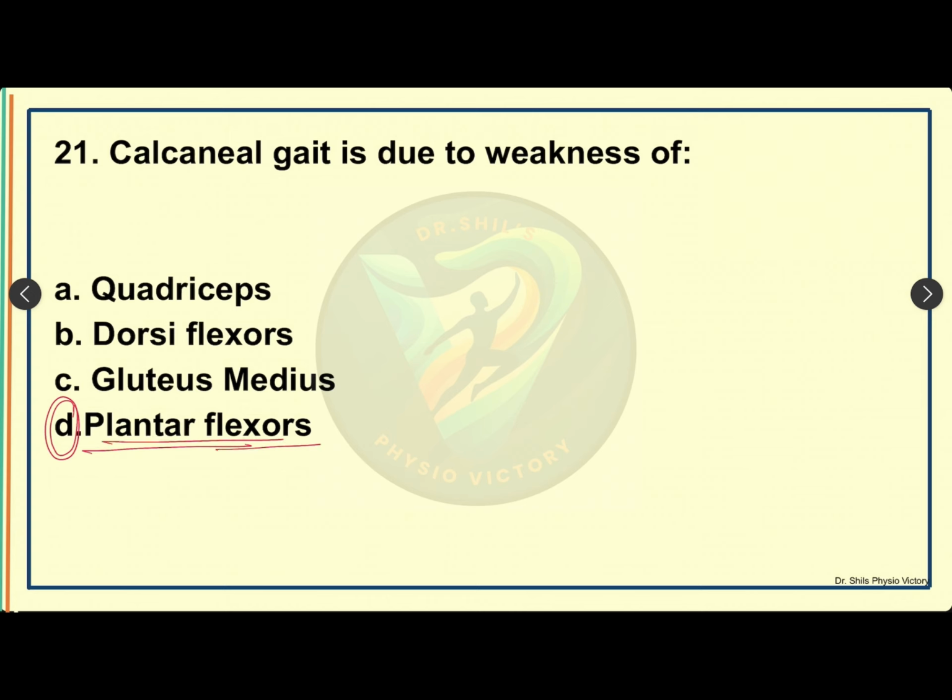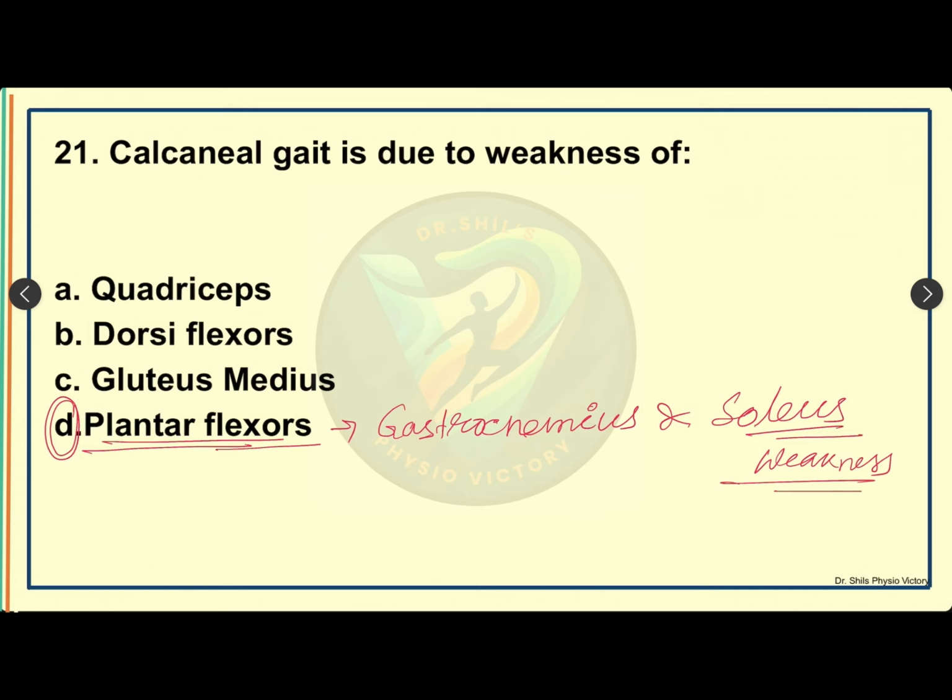Calcaneal gait occurs when plantar flexor muscles, that means gastrocnemius and soleus, are weak.